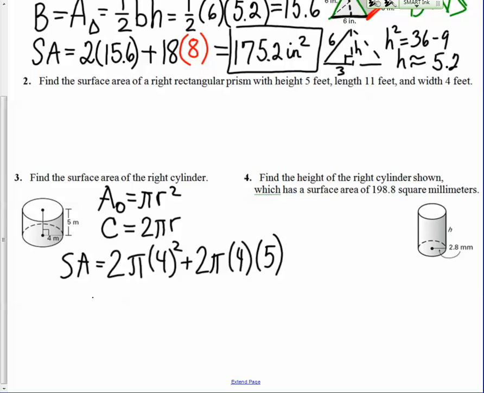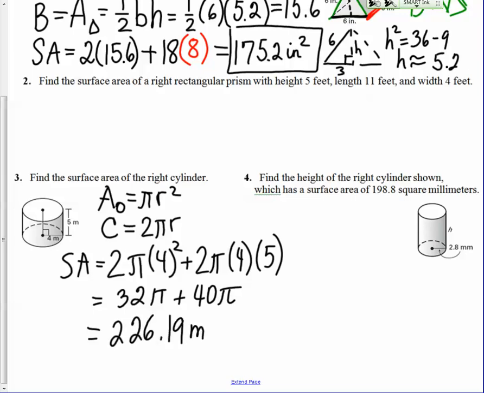And if you multiply, this is going to be 16 times 2, 32 pi, plus 40 pi. I'm using pi as a variable till the very end. So it's going to be 72 pi. After multiplying, I will figure out it's 226.19 m squared.